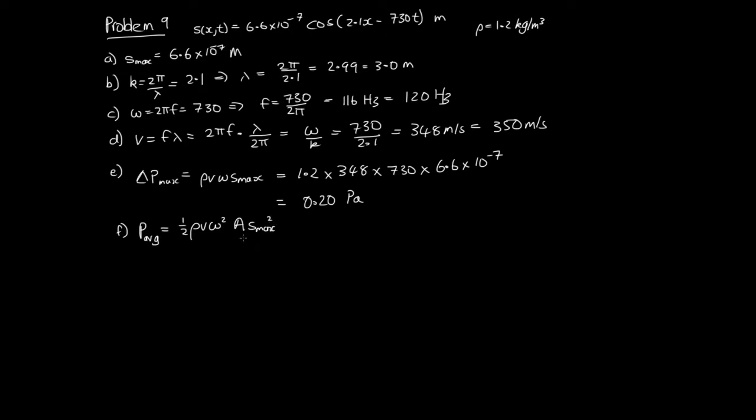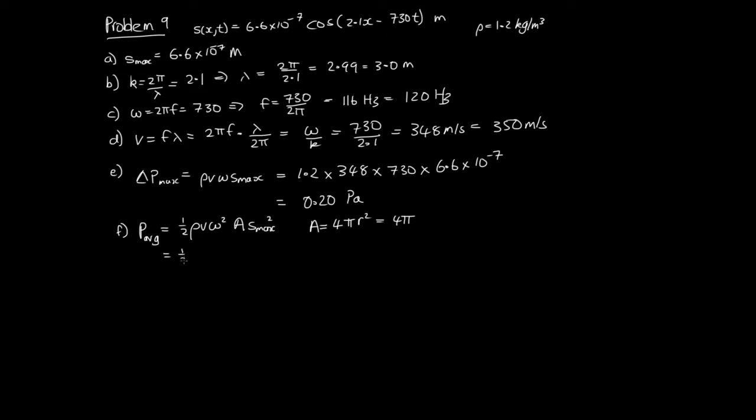Now, most of these terms are very straightforward, and we've evaluated them above. The only slightly complicated one is A. A, remember, stands for the area, the surface area in this case, not the amplitude. S max is the amplitude. So in this case, it's passing through a sphere, so that's got a surface area of 4 pi r squared. That's equal to 4 pi in this case because the radius is 1.